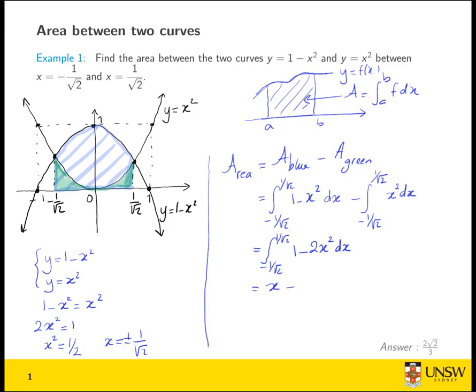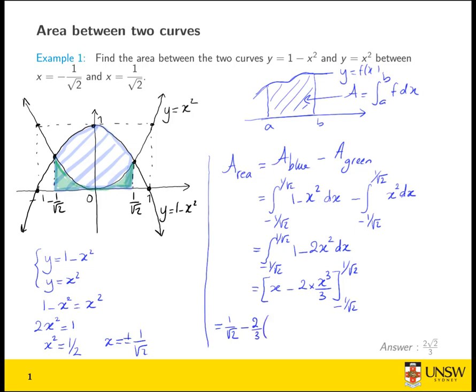Now we need an antiderivative for the function inside the integral, so we get x minus 2 times an antiderivative of x squared, and that's going to be x cubed over 3, between minus 1 over square root of 2 and 1 over square root of 2. And now we just substitute in.